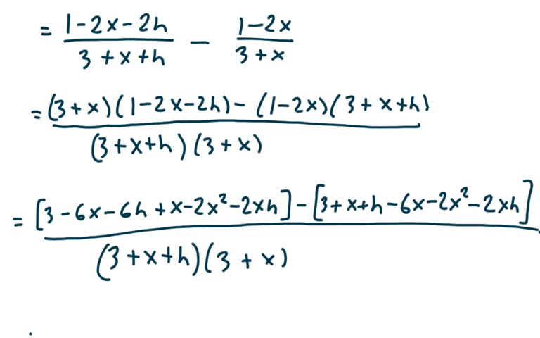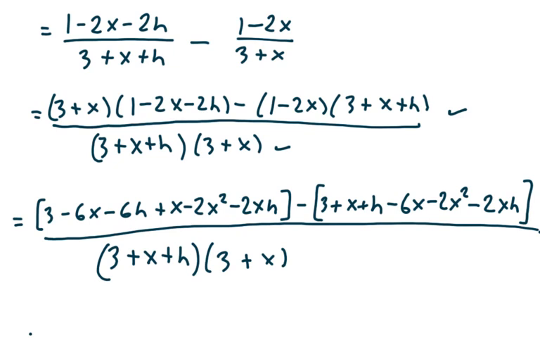So this is 1 minus 2x minus 2h divided by 3 plus x plus h minus 1 minus 2x divided by 3 plus x. My common denominator is 3 plus x plus h times 3 plus x. Notice that's right here. In the numerator, we get 3 plus x times 1 minus 2x minus 2h minus 1 minus 2x times 3 plus x plus h.